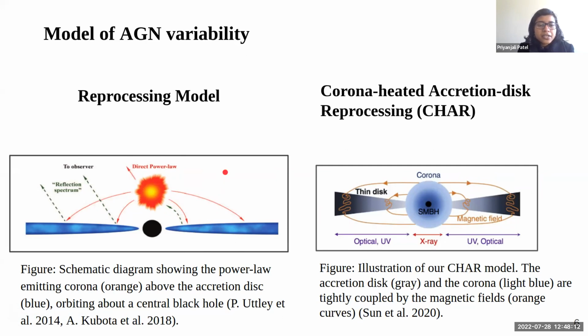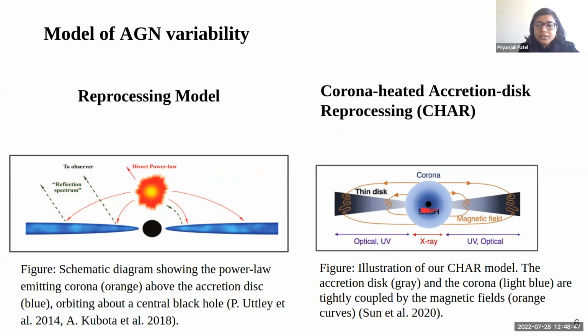observational facts, there are some limitations of this model. One limitation is that according to this model, there should be a tight correlation between the variability at different wavelengths. But we do not find a tight correlation in the observed data. So there is another model, the corona heated accretion disk reprocessing model, which can overcome this limitation.